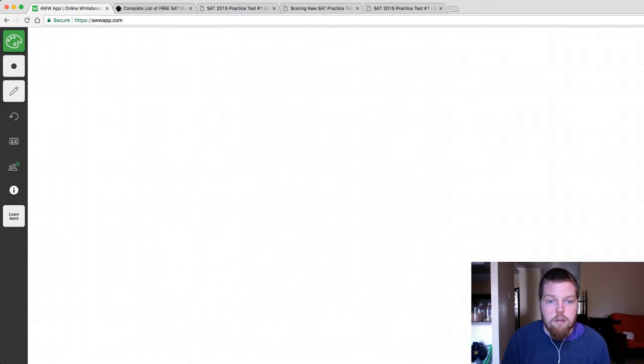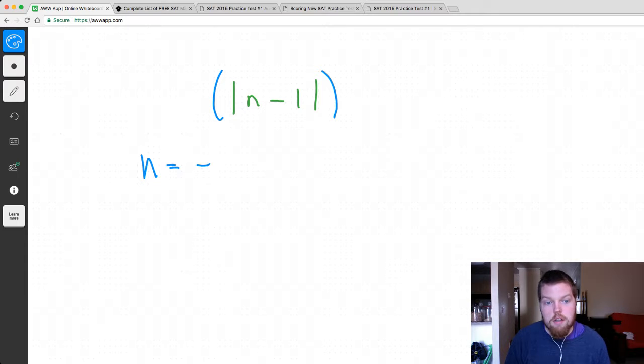So if we have the absolute value of, they use n here, so we'll use n minus 1. What I do when I'm working with that is I pretend, or in my notation, I write that there's a parentheses around that. And then we compute the value. So let's say that n is equal to -6.